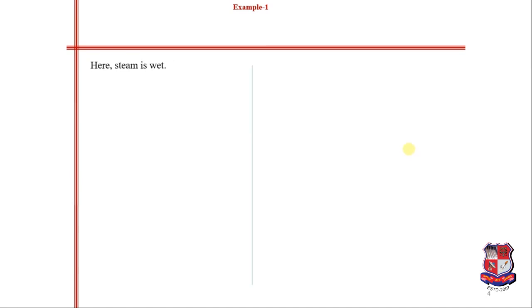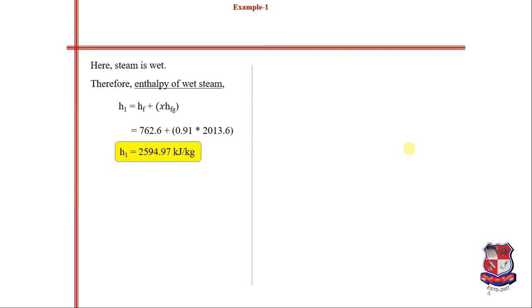So now here steam is wet, therefore enthalpy of wet steam, we all know the equation of enthalpy of wet steam is HF plus XHFG. So this data we have already found from steam table. So we get the enthalpy of point 1, that is wet steam, is 2594.97 kilojoule per kg.